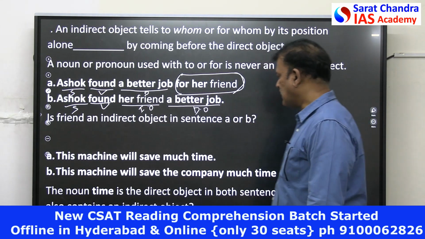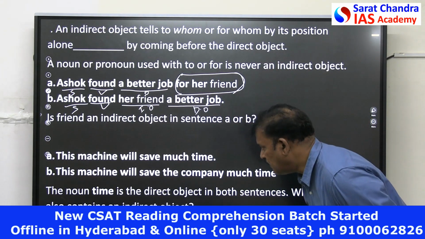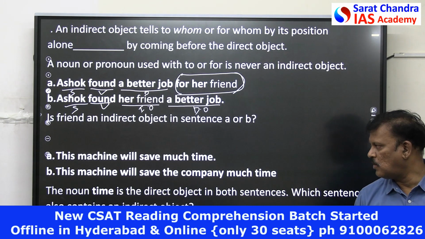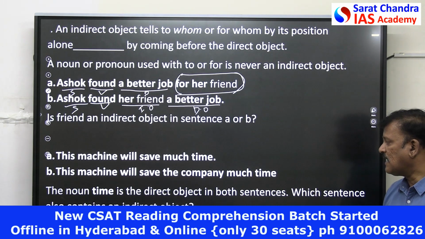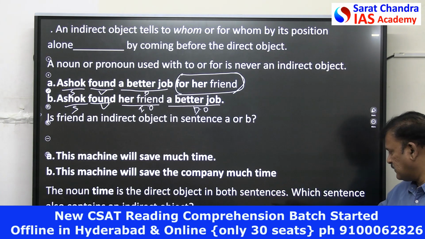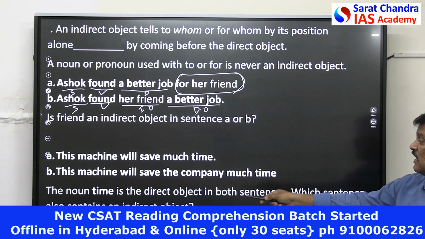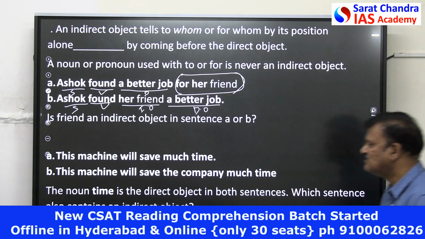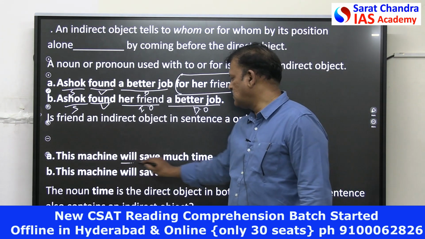Okay. Next. The machine will save much time. The machine will save the company much time. Now what is this asking? The noun time is the direct object in both sentences. Which sentence also contains an indirect object? Just turn this verb.